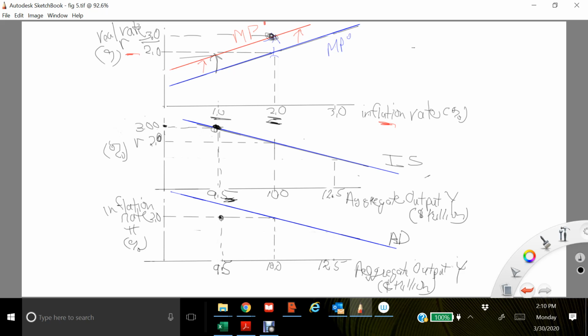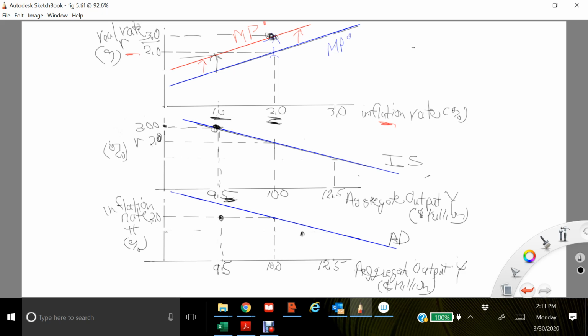At that higher real rate, which would be over here, we find higher income, and that would give us a point over here where the higher income and the lower inflation rate, which we were talking about, would be over here.